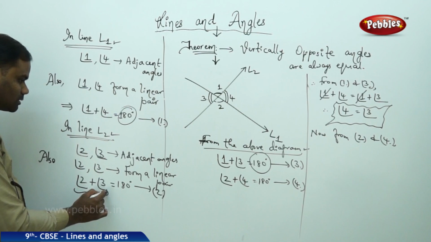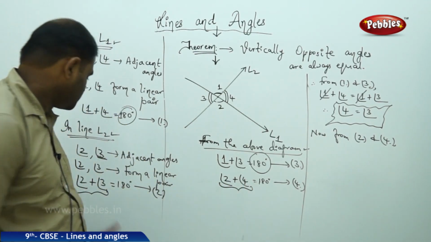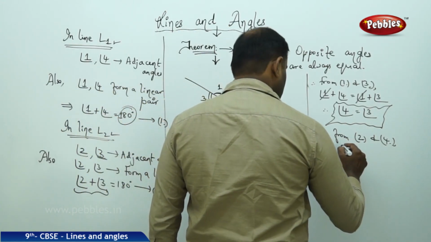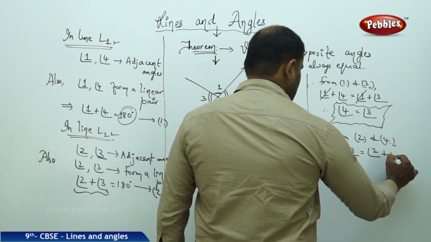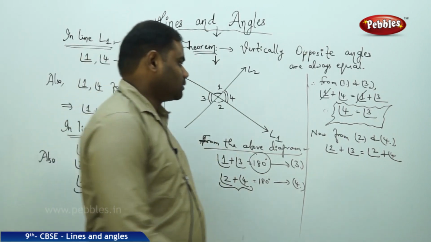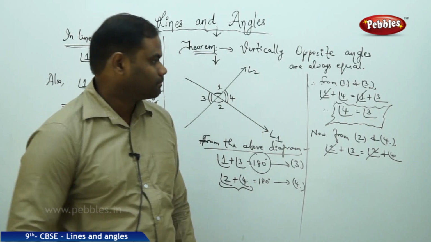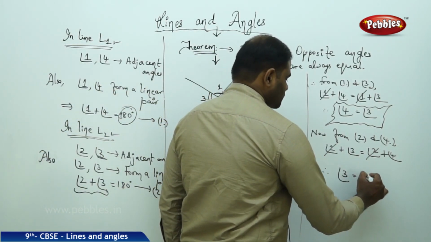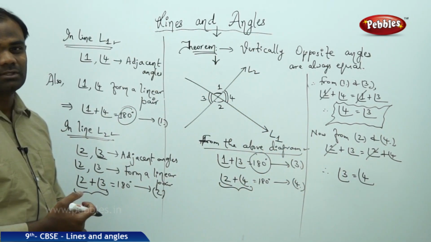So here, angle 2 plus angle 3 is equal to angle 2 plus angle 4, where the angle 2 being equal will be cancelled on both sides. Therefore, I get angle 3 equals angle 4. Of course, here I get the same thing because they are the same.